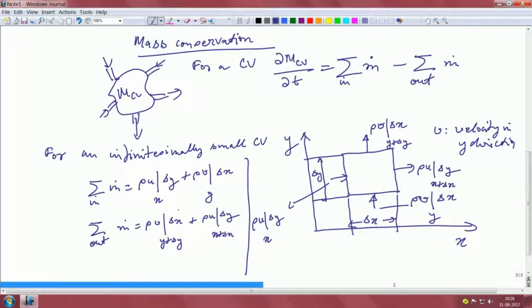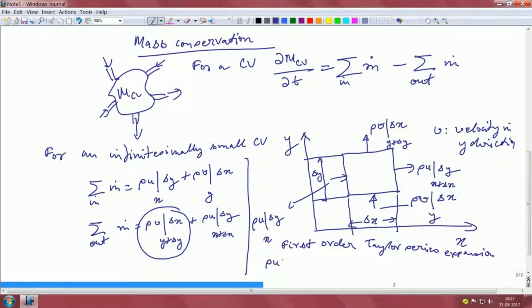Now, how do we evaluate terms like this? That is a question, because we have to somehow cast it in some familiar form to get an expression. The commonly used tool is the first order Taylor series expansion. What does the expansion look like?